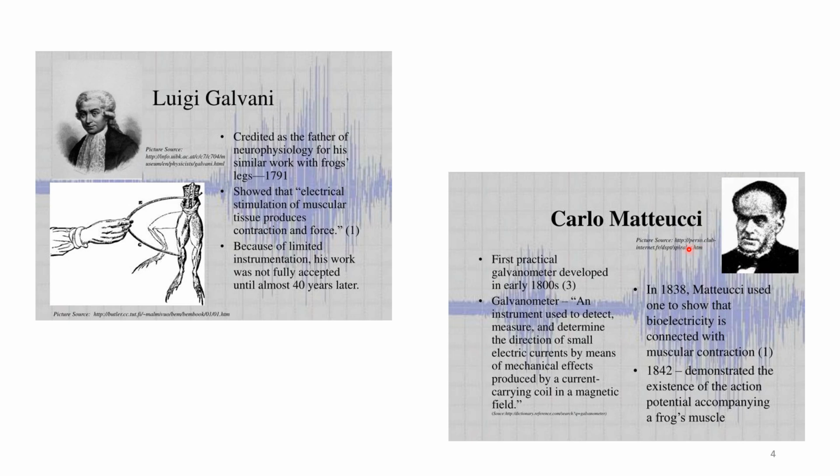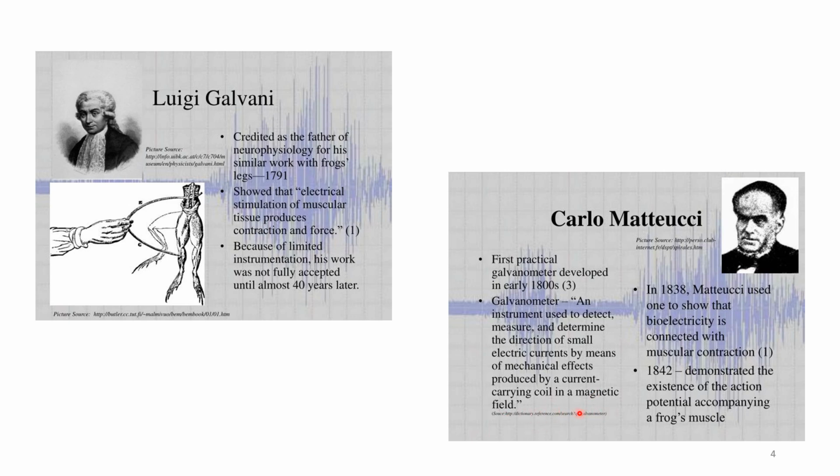Carlo Matteucci developed the first practical galvanometer in the early 1800s. What is a galvanometer? It is an instrument used to detect, measure and determine the direction of small electrical currents by means of the mechanical effects produced by a current-carrying coil in a magnetic field.